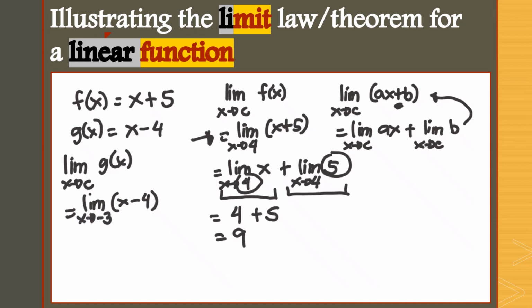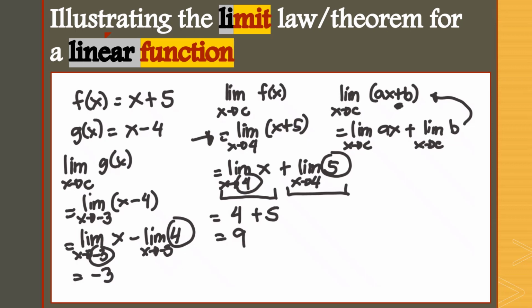We simply break down or distribute the limit here. We have the limit of the first term as x approaches negative 3, then minus, because it's subtraction, the limit of the constant 4 as x approaches negative 3. Again, the limit of an identity is this value, negative 3, and the limit of the constant is the constant itself, minus 4. So the answer here is negative 7.